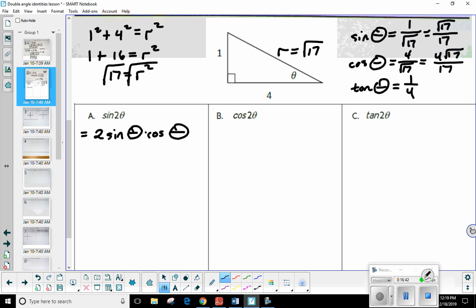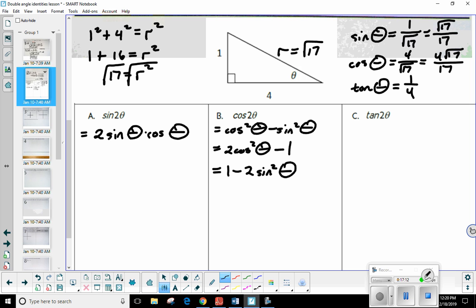Cosine of 2 theta, remember, there were 3 possibilities. We could say cosine squared minus sine squared. We could say 2 cosine squared minus 1. Or what was that third one? 1 minus 2 sine squared of theta.